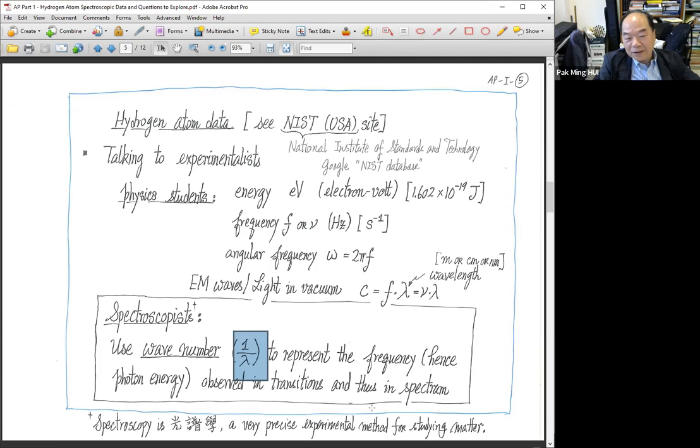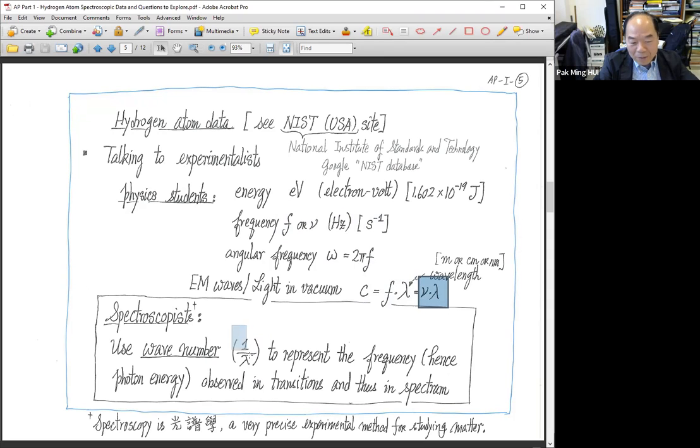In physics, we used to use eV for energy, frequency f or nu in Hertz, or angular frequency 2 pi f, and so on. For EM wave light, because spectroscopy has to do with light absorption and emission, c, the speed of light, is related to f nu, or f lambda, or in other notation, nu lambda.